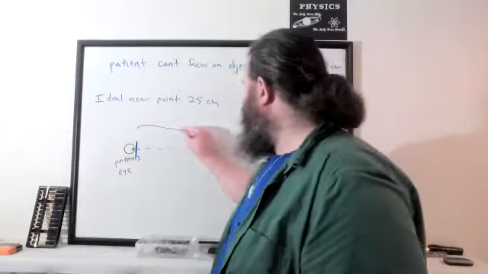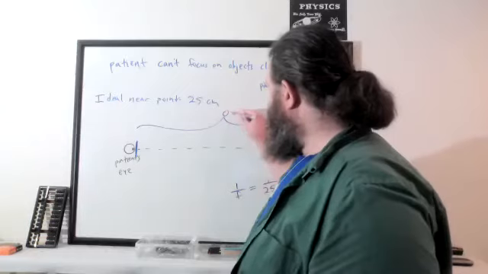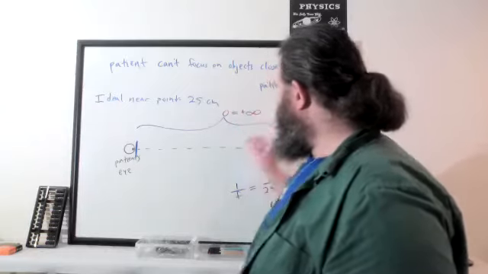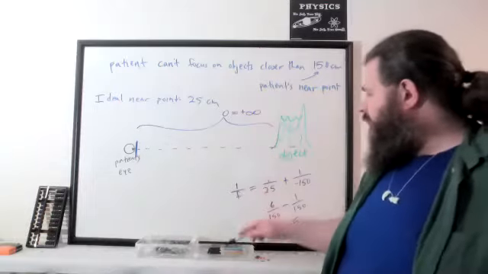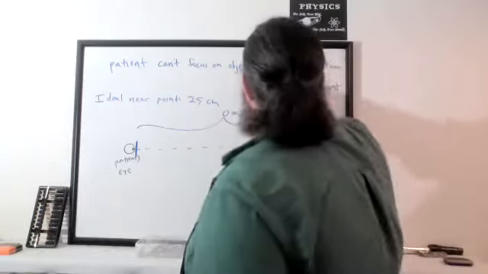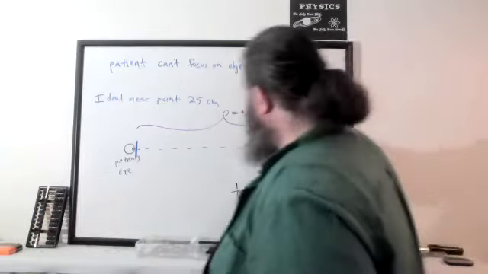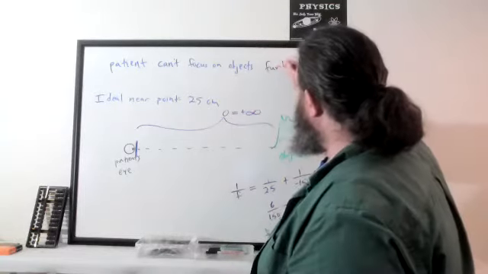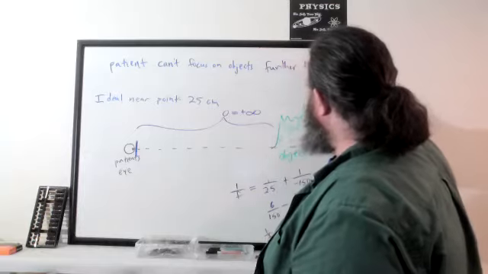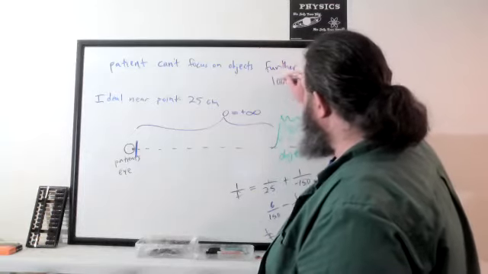So we'll say in this case, the object distance is effectively positive infinity. But let's say the patient cannot see something that's very far away. Let's say the patient can't see objects further than, let's say 10 meters, so 1,000 centimeters.